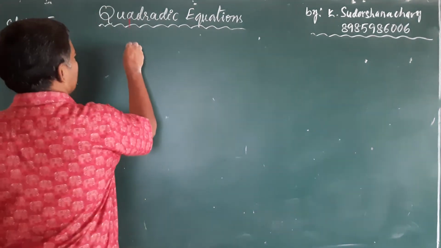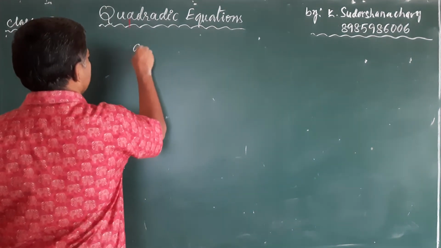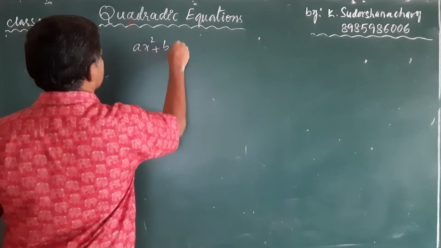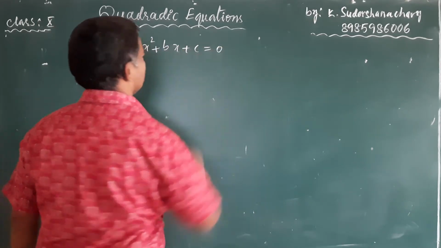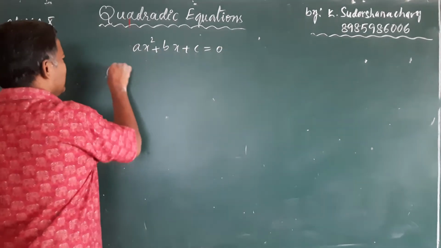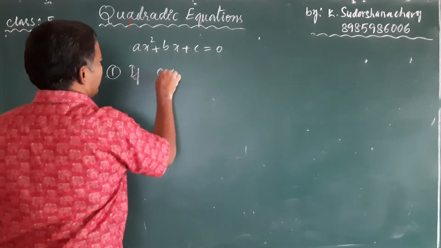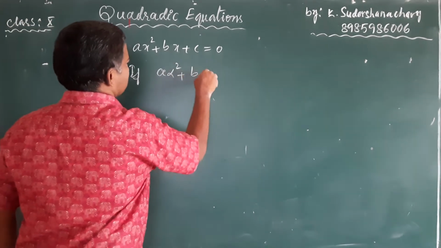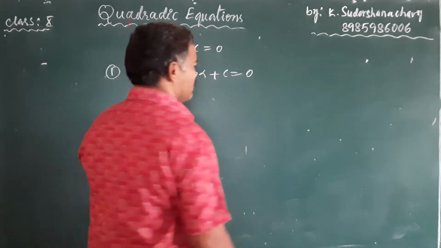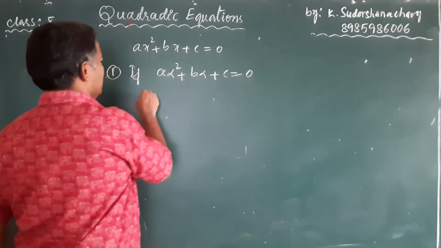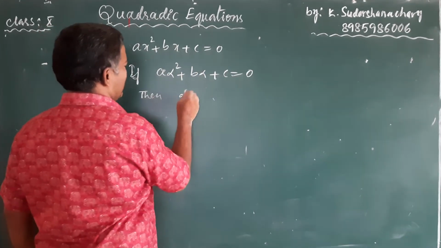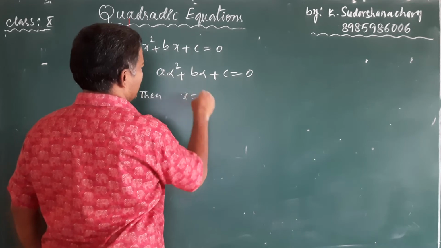We know very well what is the standard form of quadratic equation: ax square plus bx plus c is equal to 0. Okay, so in that, if a alpha square plus b alpha plus c is equal to 0, then x is equal to alpha.